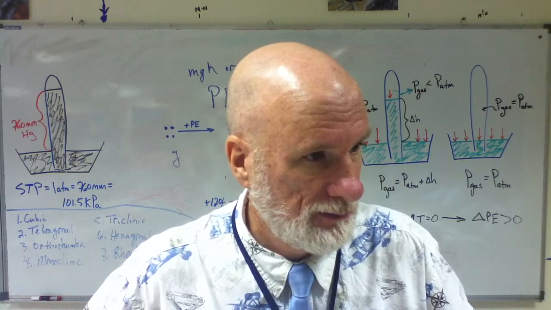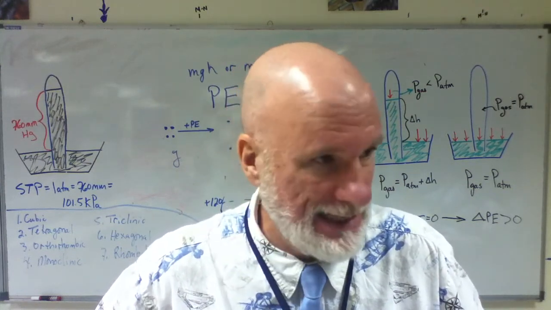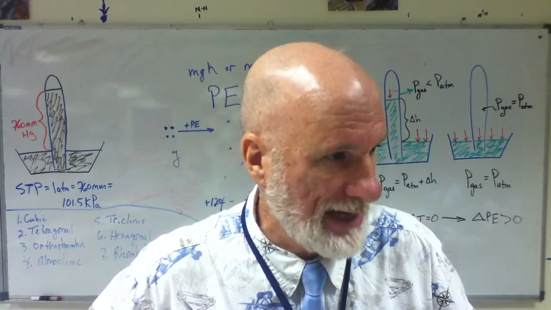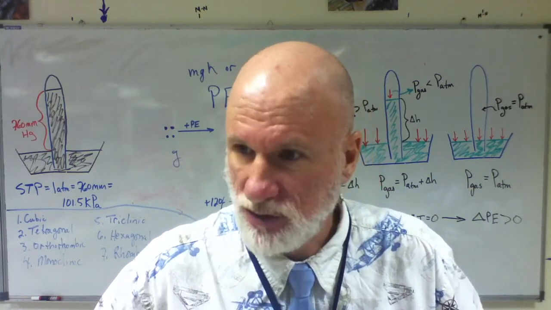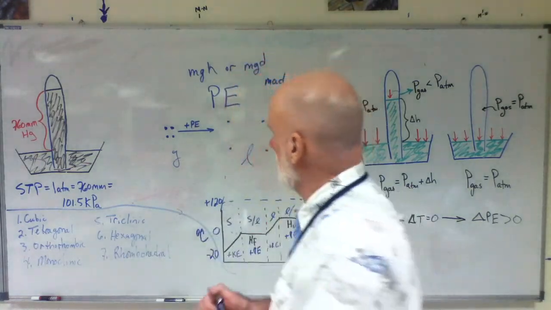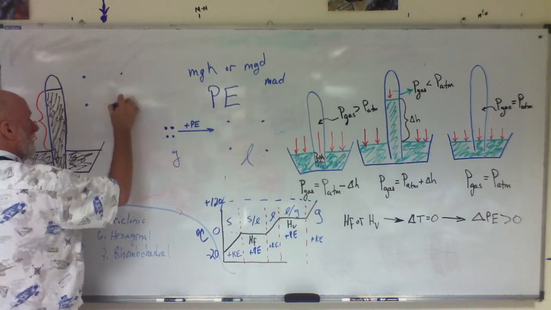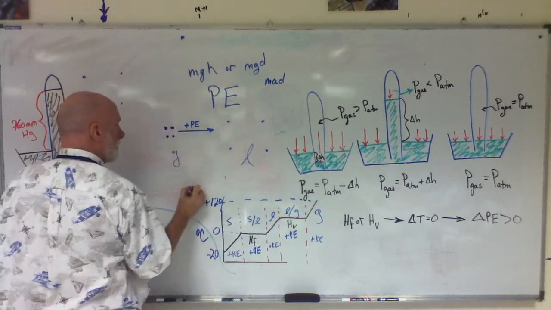Easy? That's what it is. Heat of vaporization is the heat necessary for that phase change from a liquid to a gas. It's an increase in potential energy. So you're going from this to this.